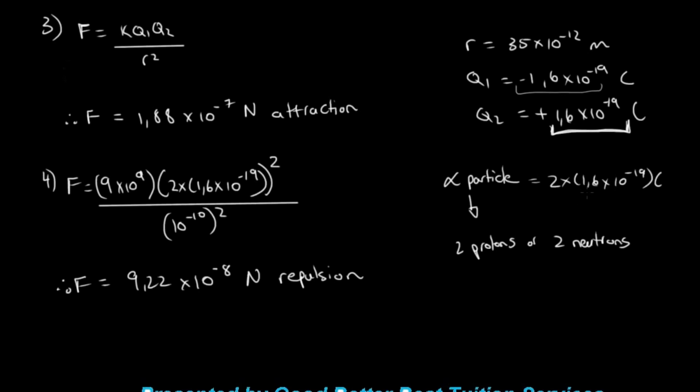It's still 2 times 1.6 times 10 to the negative 19. That's why I used the bracket, just to show that it's 2 times the charge on a proton. In the textbooks, they don't seem to use the bracket system. So I put the bracket system there just to help with neatness and eliminate confusion.